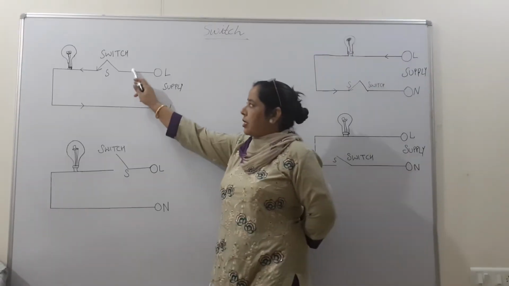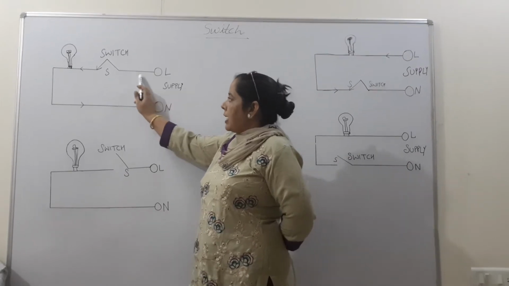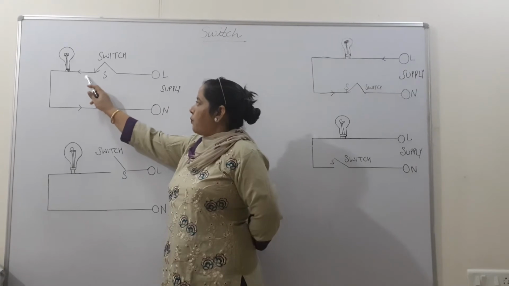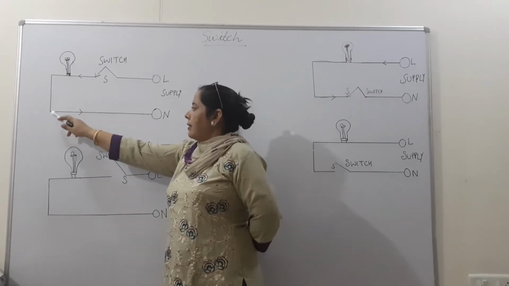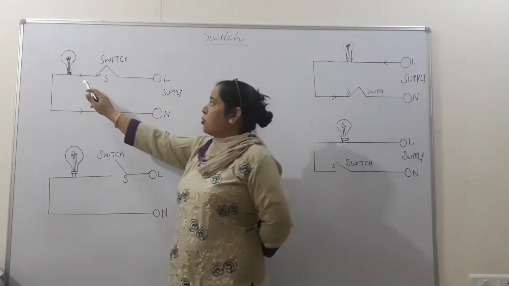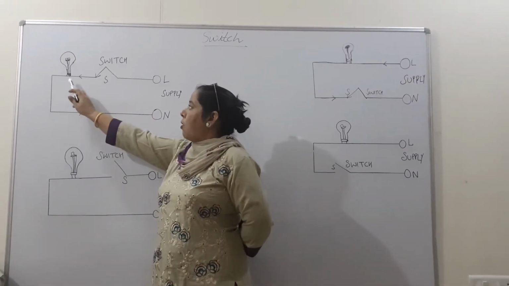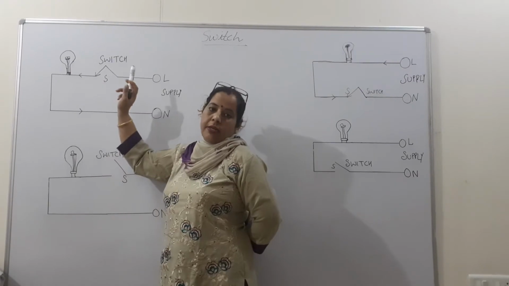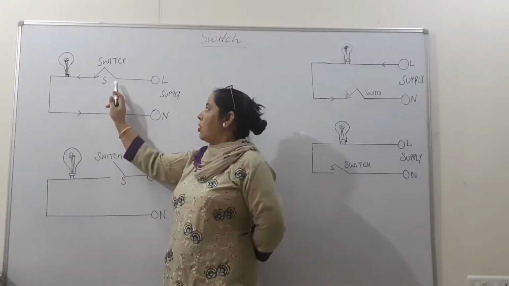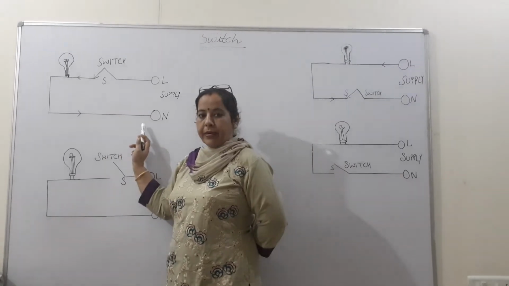Now when the switch is on, beta, you see the circuit is complete. Through the live wire current is flowing up to the appliance, then through the neutral wire current is going back. So when the switch is on, the appliance will work, the bulb will glow, because the circuit is complete.